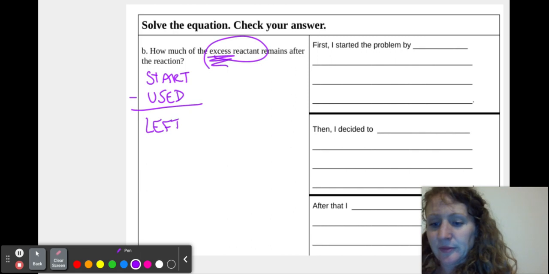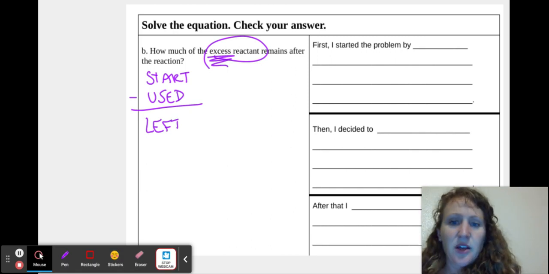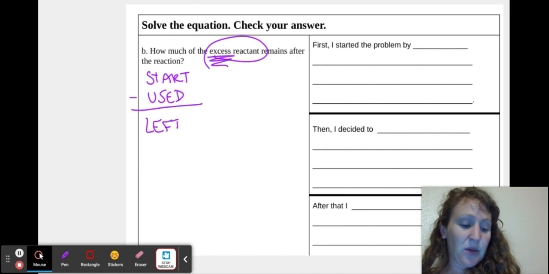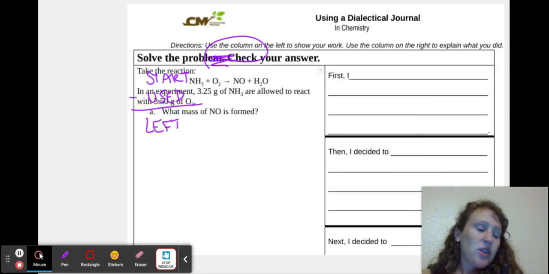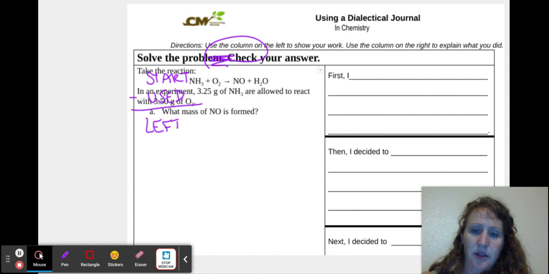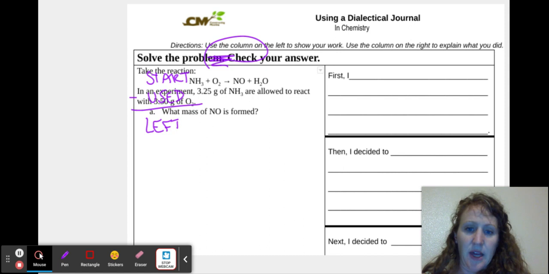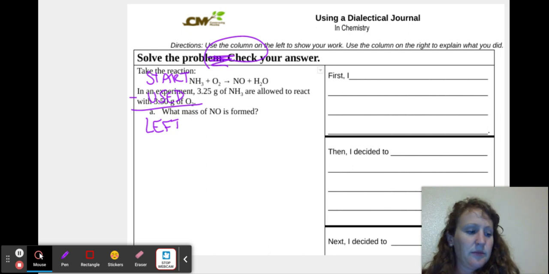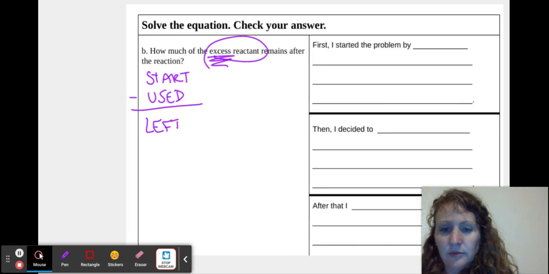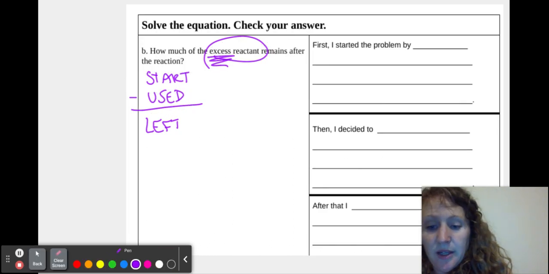So let's go back to the other side and look at what we started with. So we started with 3.25 grams of NH3. So we can just plug that in.